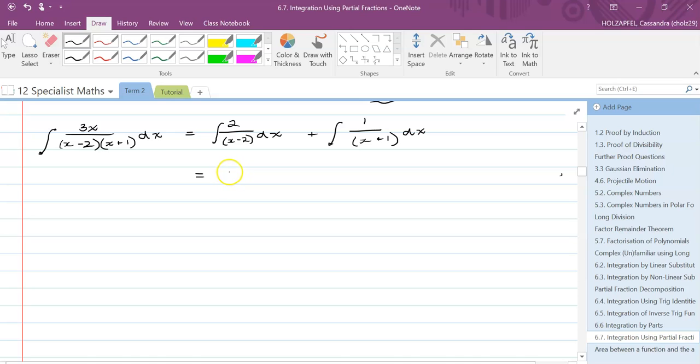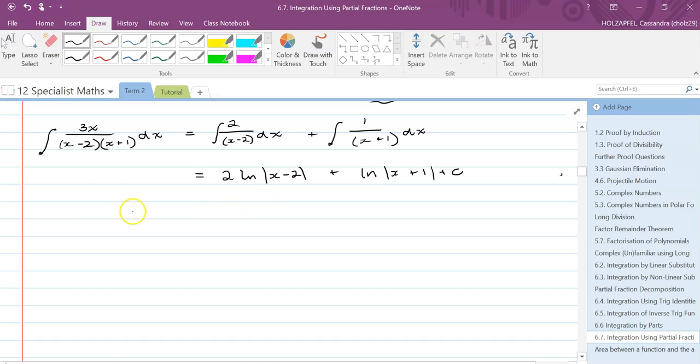Our first integral is just going to be 2 ln|x - 2|. Got to make sure we do the absolute brackets as well because we can't take the log of a negative number. And then we've got our natural log of |x + 1| as well.